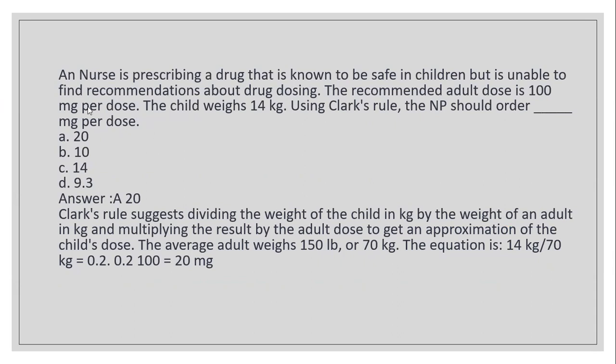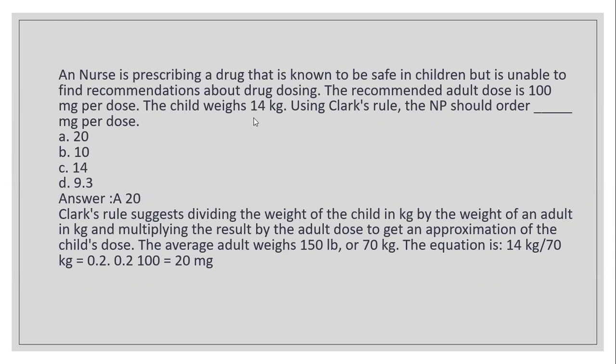Next question. A nurse is prescribing a drug that is known to be safe in children, but is unable to find a recommendation about drug dosing. The recommended adult dose is 100 milligrams per dose.